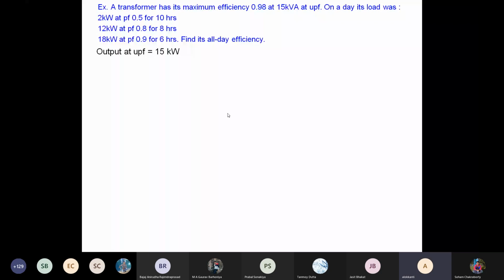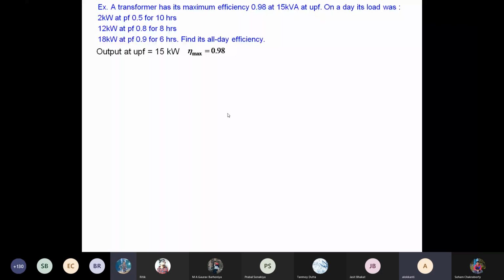Now you are given the efficiency. What can you find out from here? Core loss and copper loss. You are given eta max, so the maximum efficiency is 0.98.